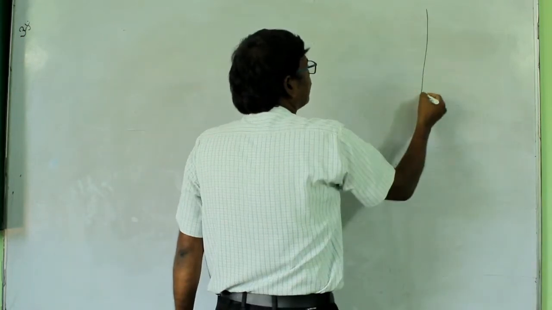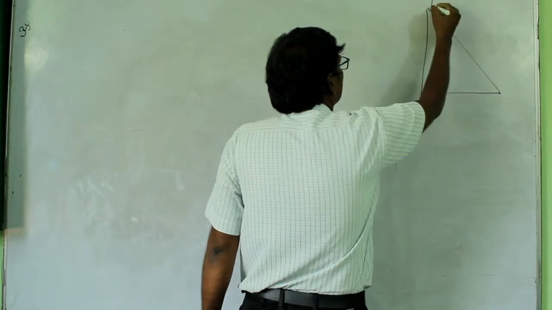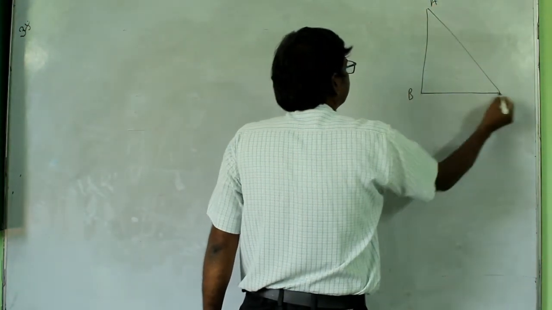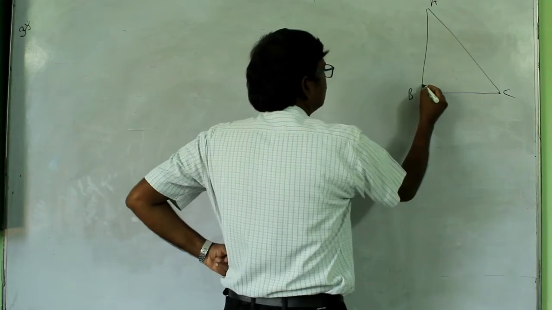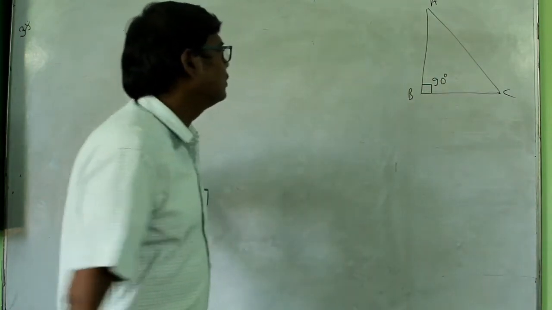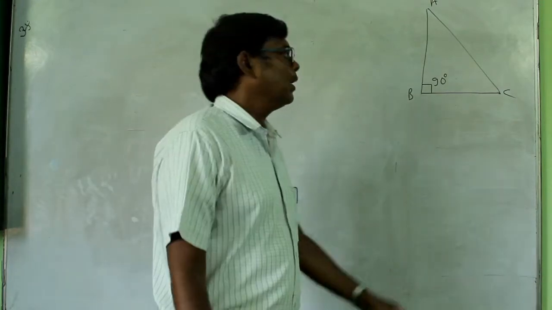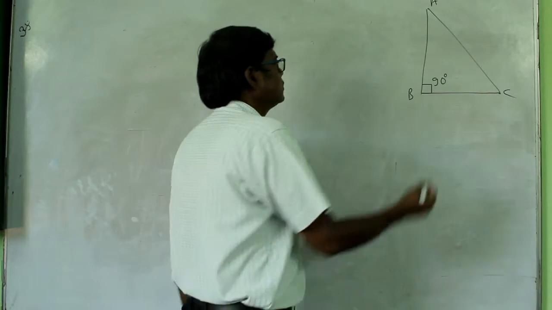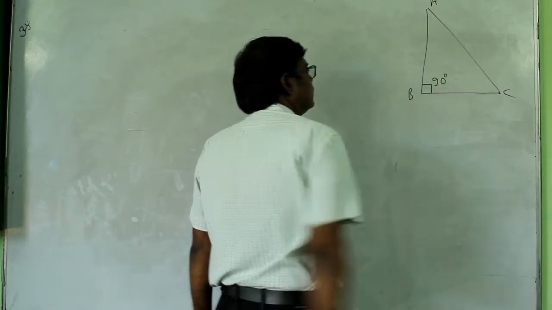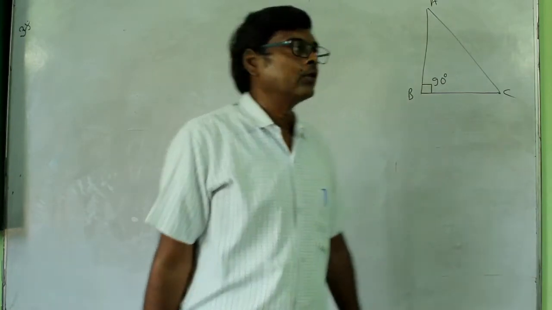So this is the right triangle, suppose ABC, and this is the right angle, 90 degrees, here. In this triangle we have three sides, AB, BC and AC. You know that this AC, the side opposite to the right angle, is called the hypotenuse.